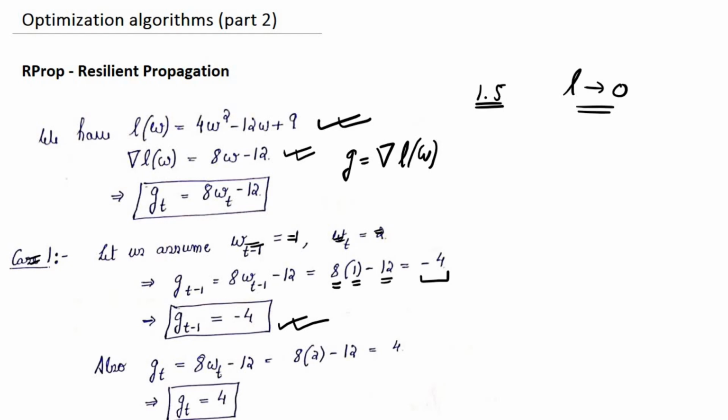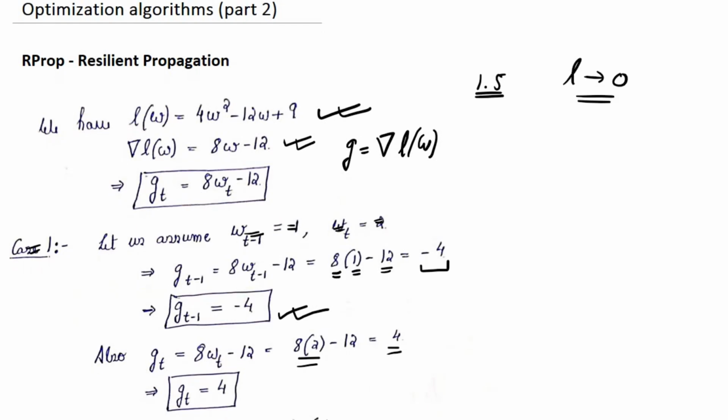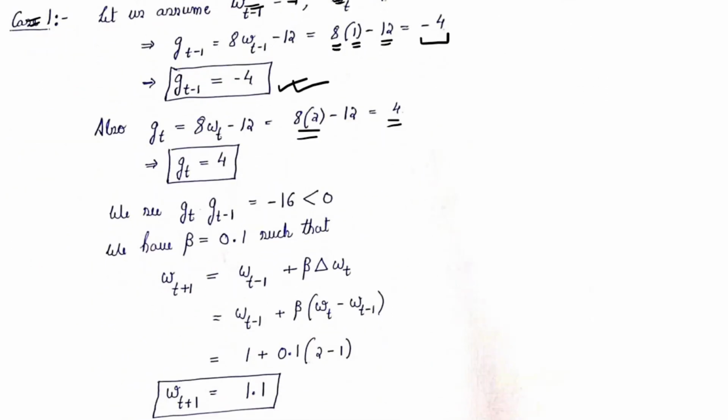Likewise, at time t, we had the value of w(t) as 2. On substituting w(t) as 2, we get the value of g(t) as 4. So we have two values of gradients as of now, g(t) and g(t minus 1). We multiply both of them and we get minus 16, which is less than 0.